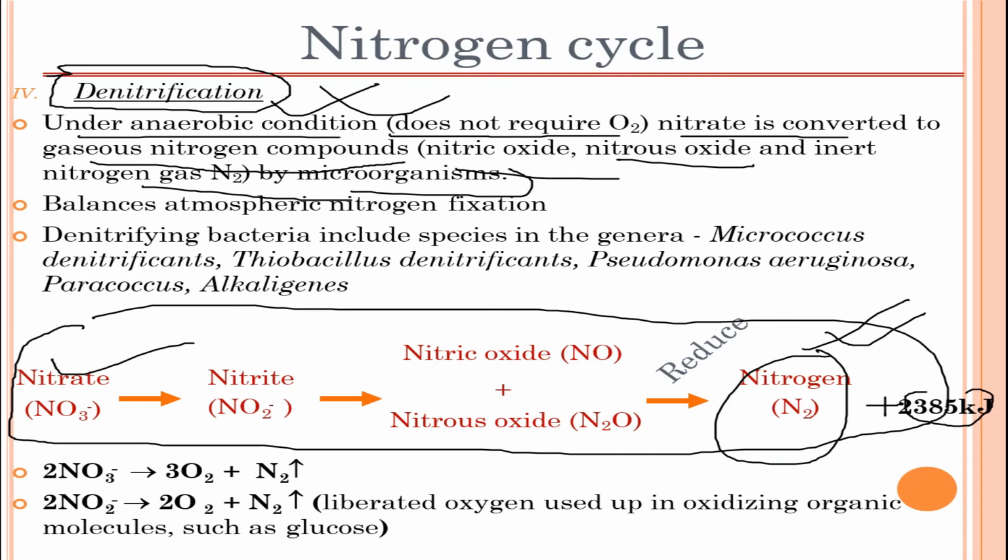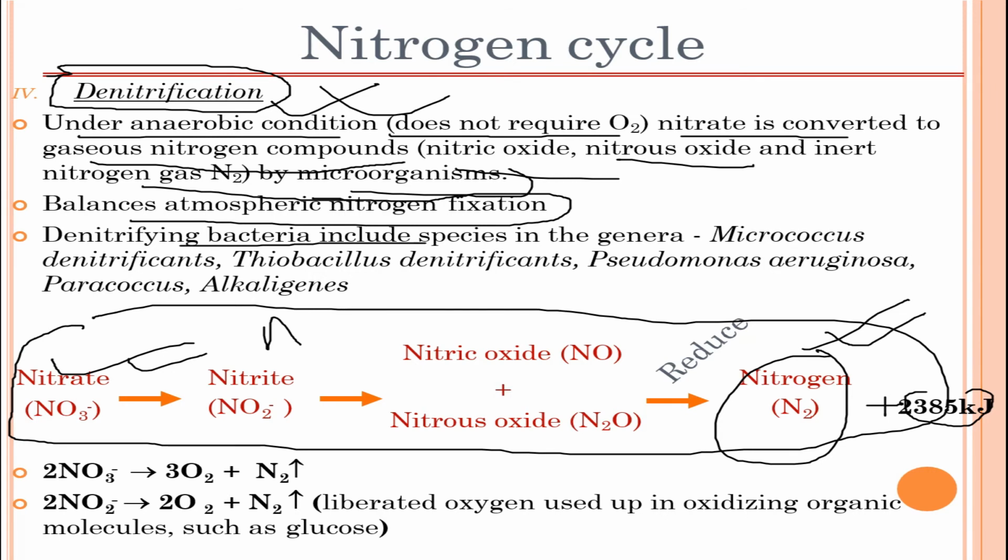Alright, so this is prevalent only in anaerobic conditions which do not require oxygen, in which the nitrate gets converted to nitrogen with the help of microbes, and it balances atmospheric nitrogen fixation.